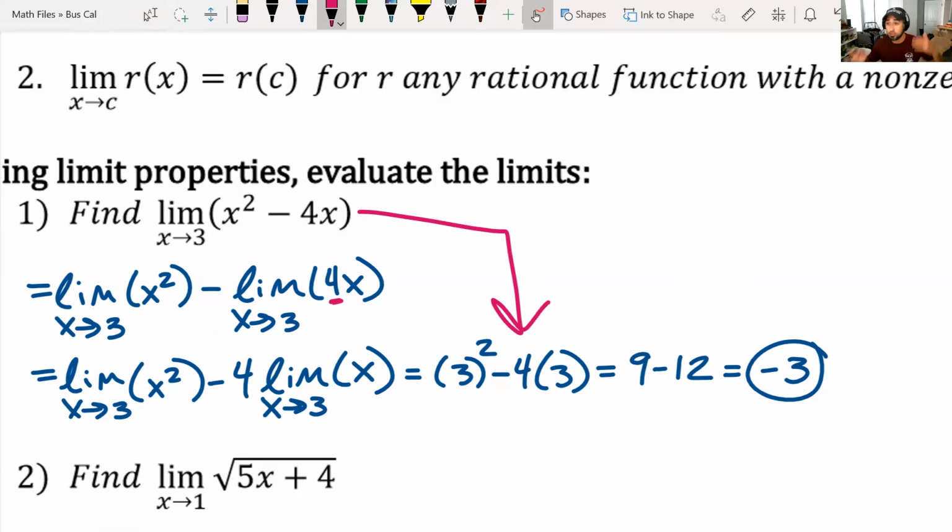Those properties are there to show you that you can split things up if it looks too difficult. But if it doesn't look difficult, just plug the number in and we're home. So let's start plugging numbers in and see what happens.